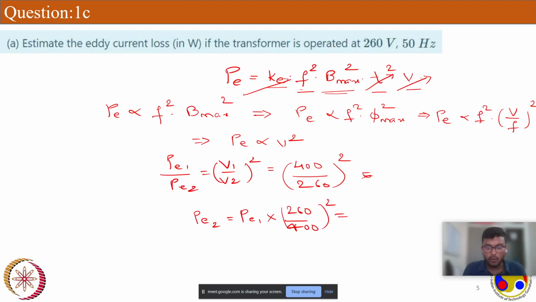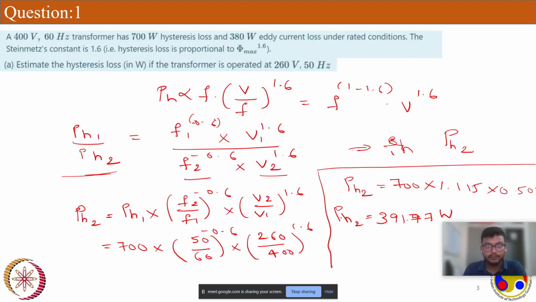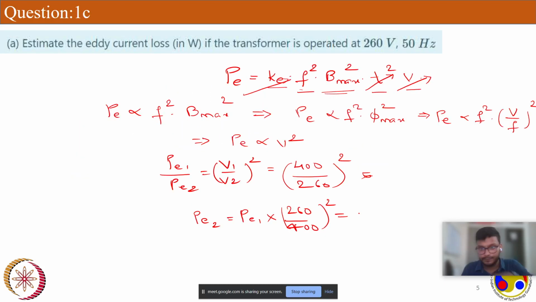What is the given PE1? 380 watts. So 380 into (260 by 400) squared. Can someone tell me how much is the new eddy current loss?